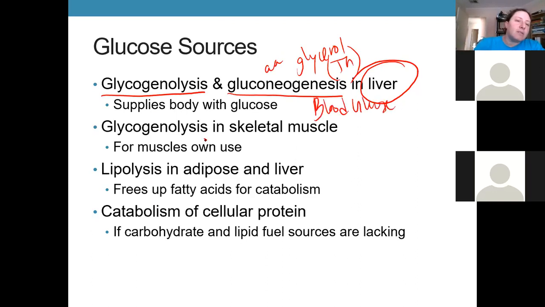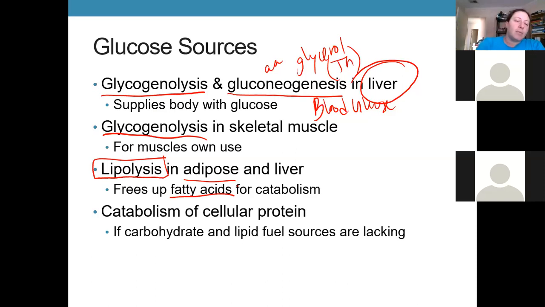Our skeletal muscle can also break down its glycogen stores to continue to meet its ATP needs. In addition, in response to the glucagon levels, both the liver and the adipose tissue are going to break down triglycerides, so lipolysis, which releases fatty acids into circulation so that they can be used by a variety of cells.